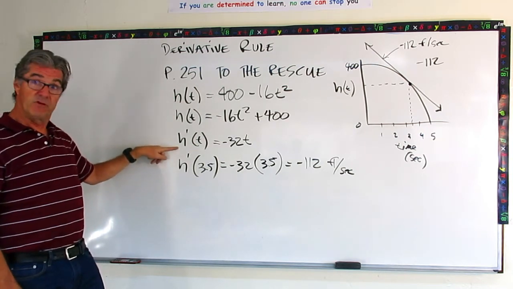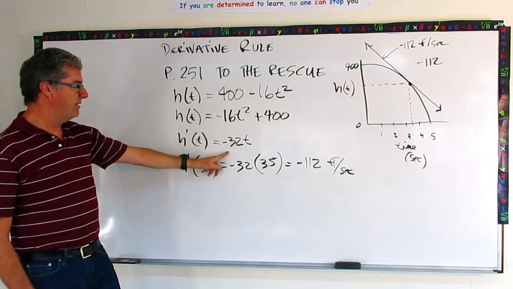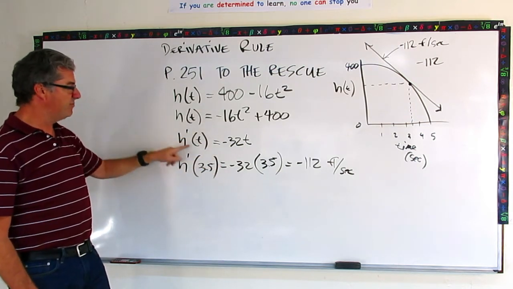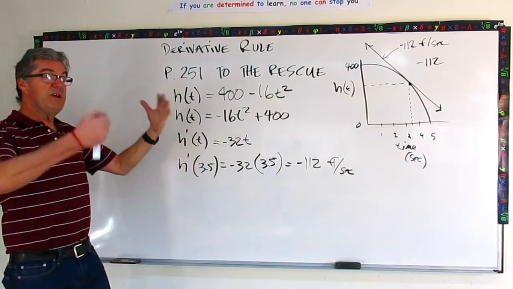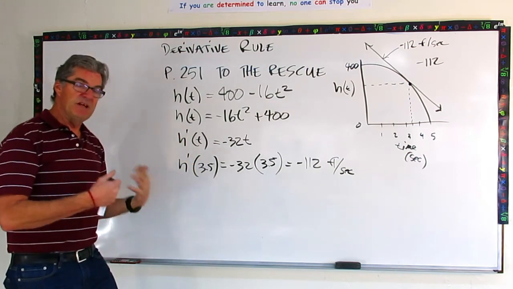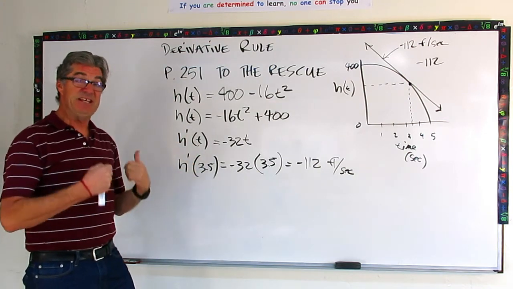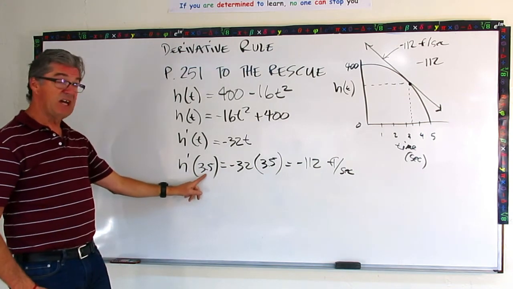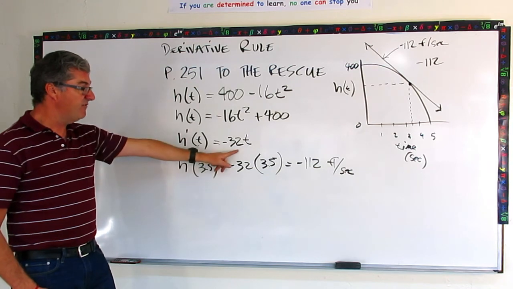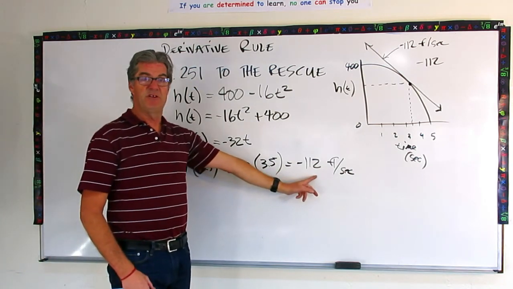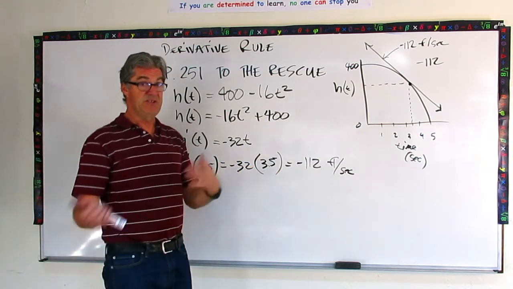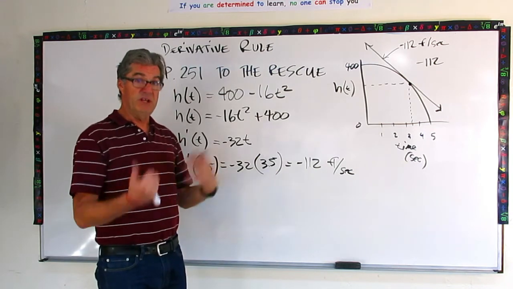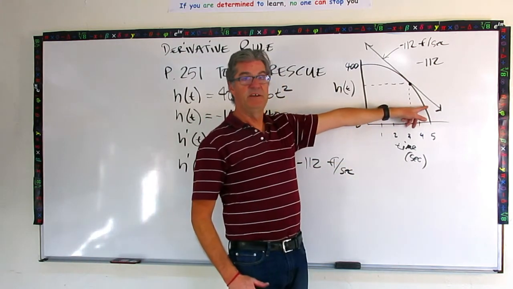We use the derivative rule, and we change that function into the derivative function, which we denote h prime of t. Then we can use the derivative function to find instantaneous rates at any time along the function. All we do is we just plug in the time that we're interested in into the derivative function, and it spits out the derivative, which is the instantaneous rate at that point in time, which is the slope of this tangent line at that point.